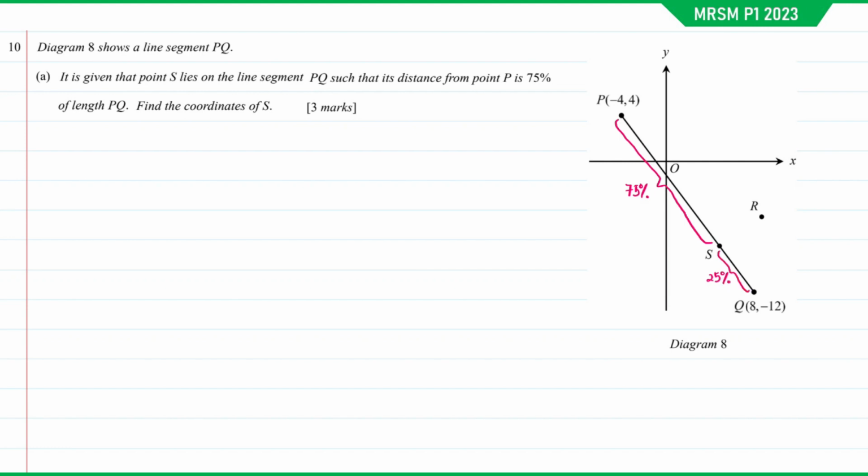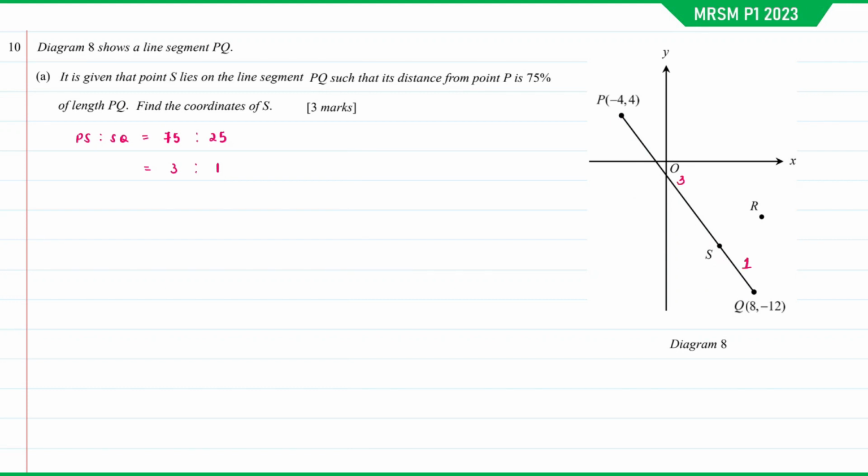If we convert this percentage into the form of a ratio of PS to SQ, this is equal to 75 to 25. If we simplify this by dividing every term by 25, we get 3 to 1.